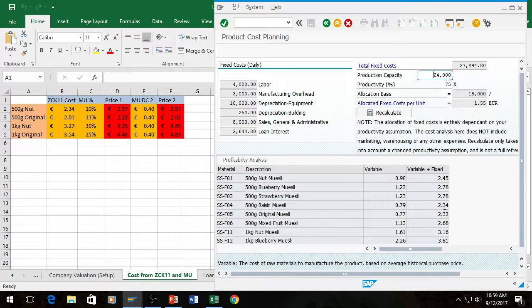So 234 is here. Well, that doesn't even match up. Whatever it is, they end up plopping in the cost from ZCK11, and then they say, okay, I want a 10% markup on this one, 11% here, 30%. So that ends up being 257, and it's going to be in a second distribution channel. I can charge a little bit more there, so I want it to be up by 40 cents in the second distribution channel. All this is using Excel as a calculator.